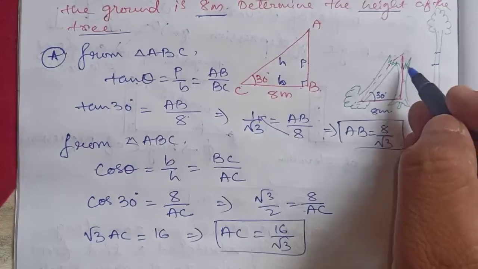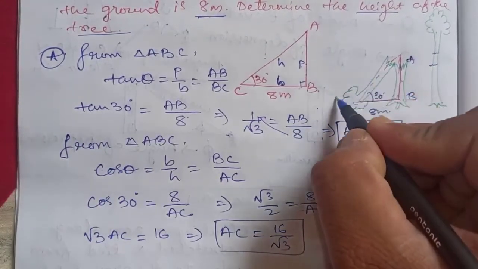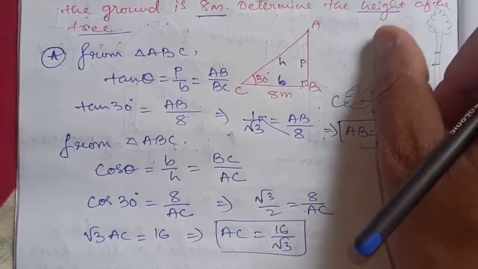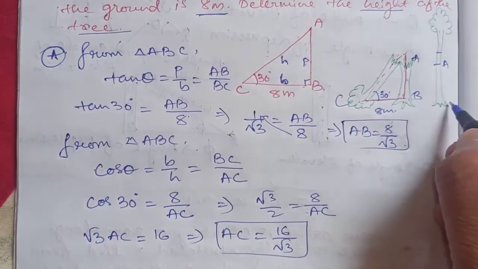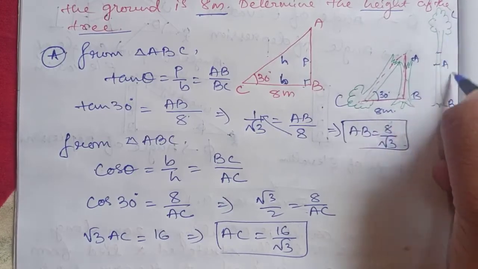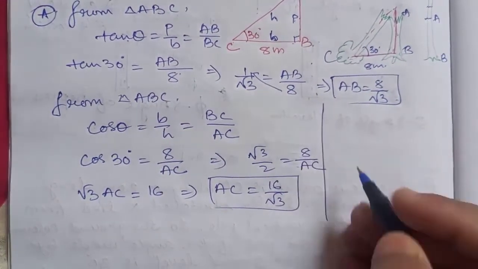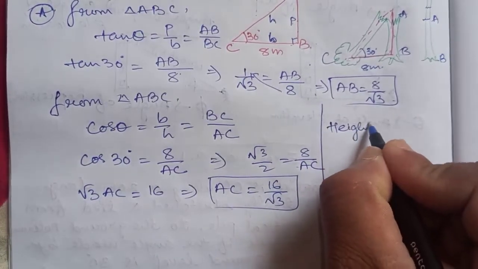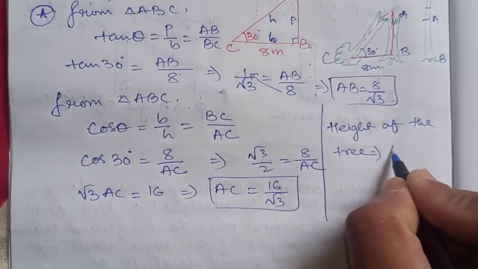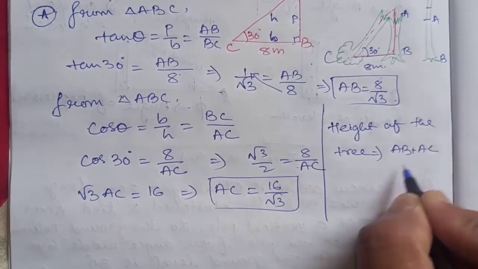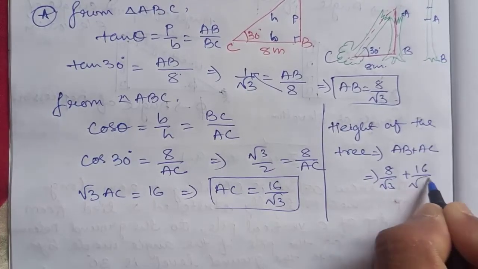So this part is AB and this part is AC. When we join both, it will be the total height of the tree. It is like AB and up to this AC. So the height of the tree is AB plus AC, that is 8 by root 3 plus 16 by root 3.